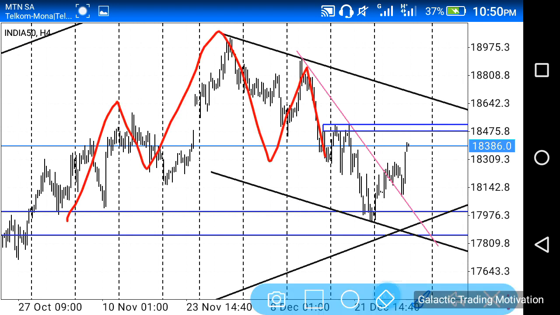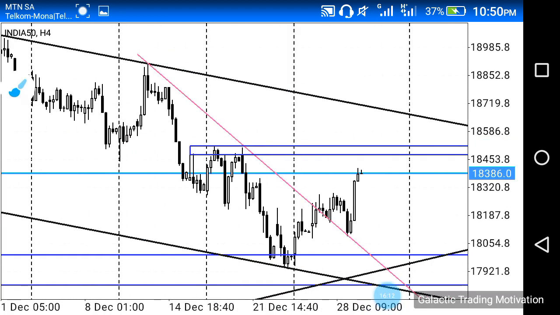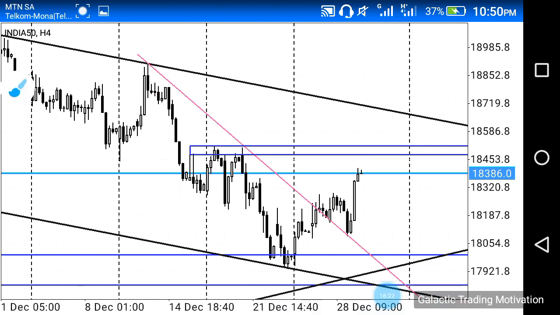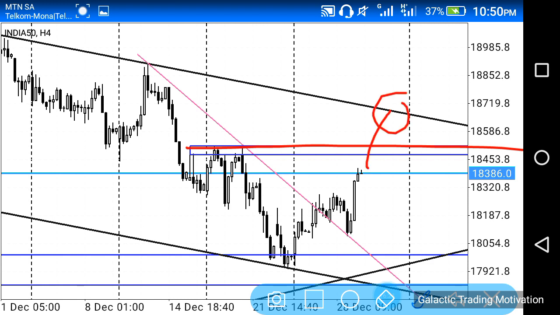Just also bear in mind that we have an opposing structure in the form of an inverted head and shoulders pattern with a neckline at that point. Should price close above this level over here, chances are that it'll head up to test this point over here, right? We might possibly get a sell at this point.